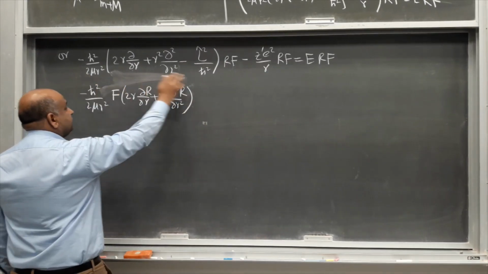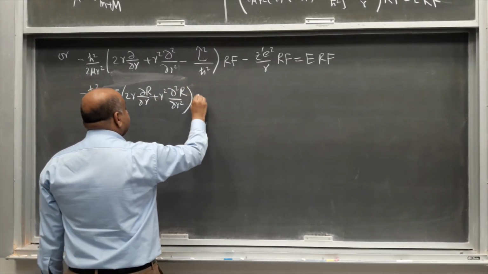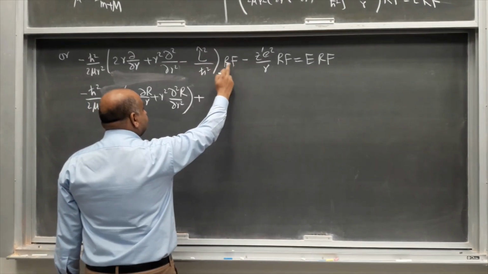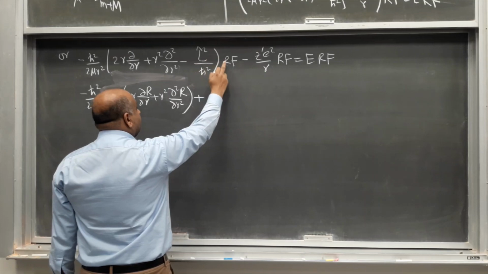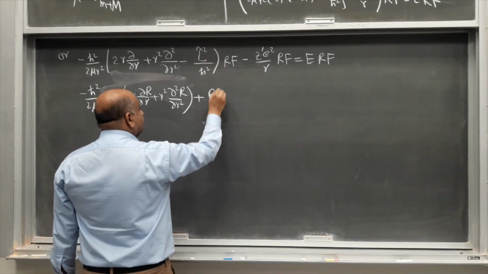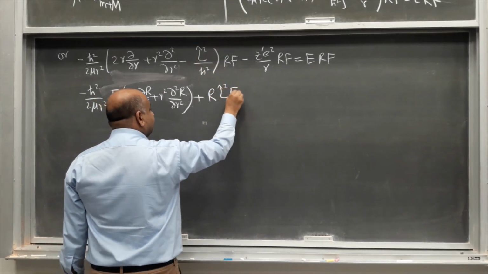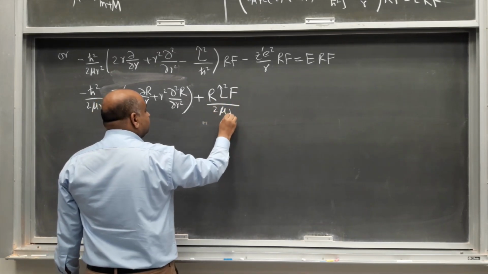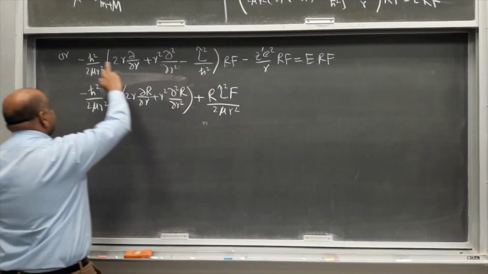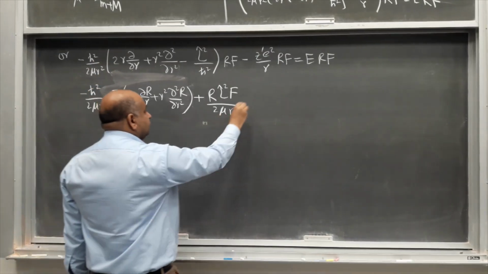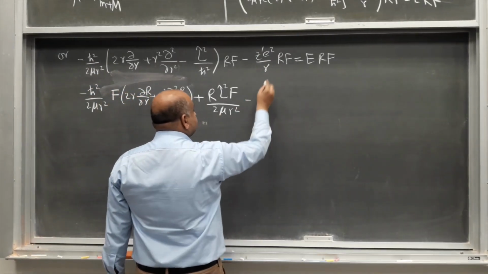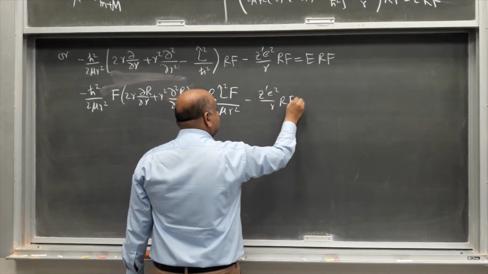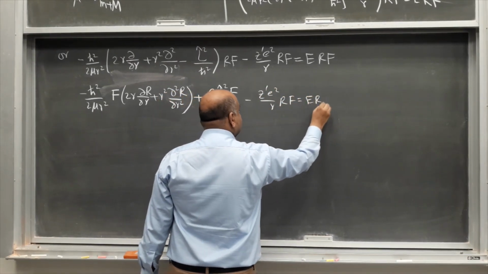So this term multiplies with this one, so I get plus. When this L square operates on R f, it does nothing to R, so R gets out. So R L square f over 2 mu r square. This h bar square cancels with h bar square. And here it's like this, E R f.